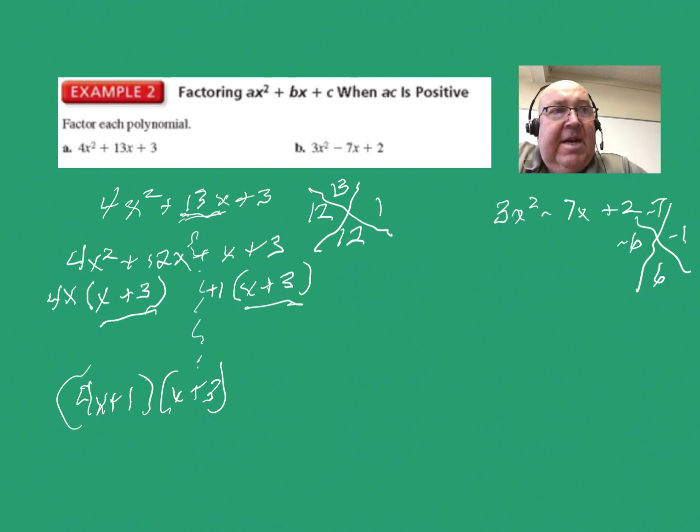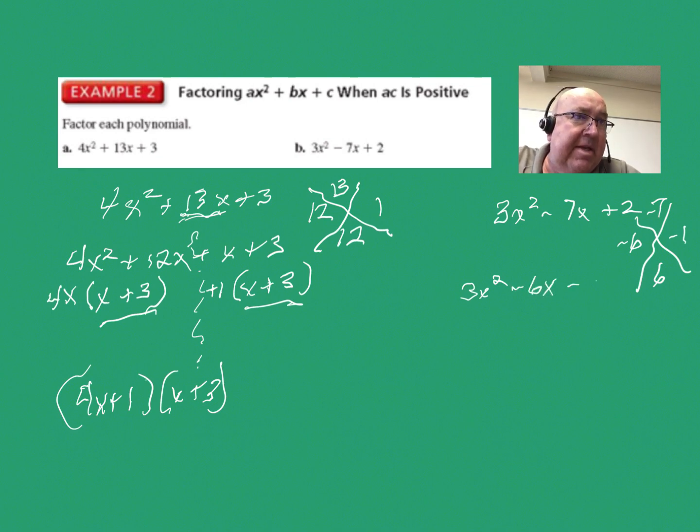I can rewrite 3x squared minus 6x. Remember, I'm going to split that negative 7x, minus x plus 2. Oh, excuse me, yeah, plus 2 is right.